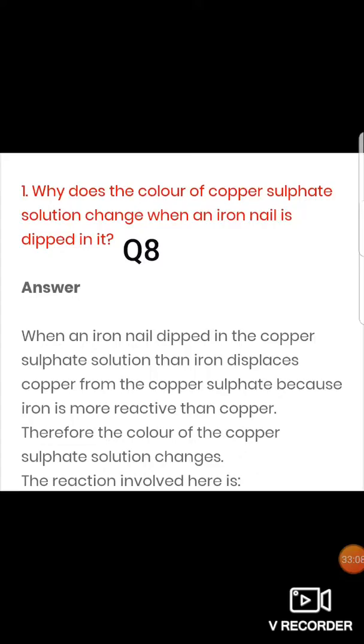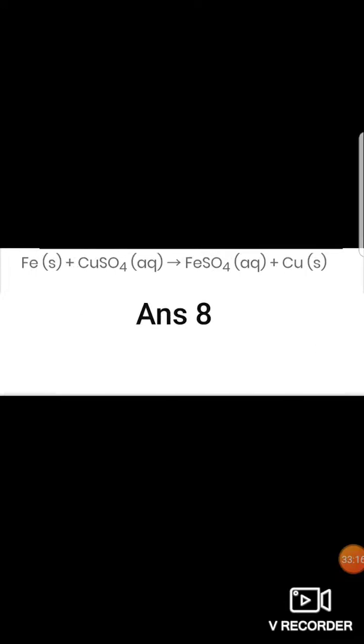Therefore, the color of the copper sulfate solution changes. The reaction involved here is Fe solid plus CuSO4 aqueous gives FeSO4 aqueous plus Cu solid.